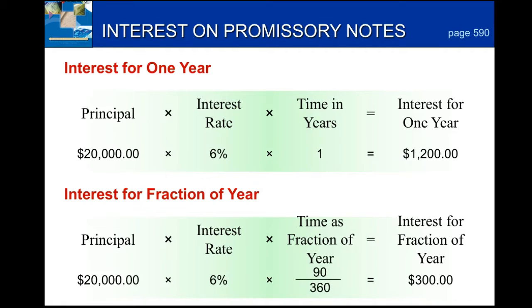It's important to note that whether you are giving a loan or whether you are the receiver of a loan, you calculate interest the exact same way. Also, many businesses will use 365 days a year, and others use 360. Both are acceptable, but the textbook will always use 360 days a year.